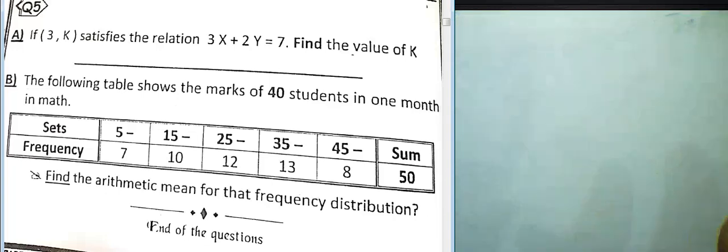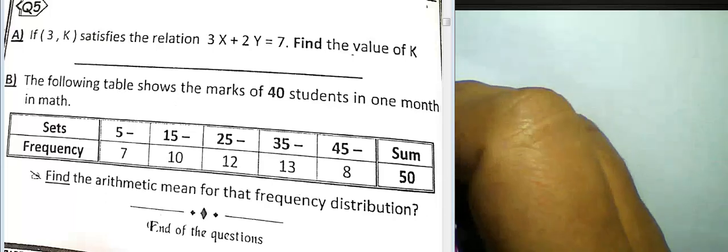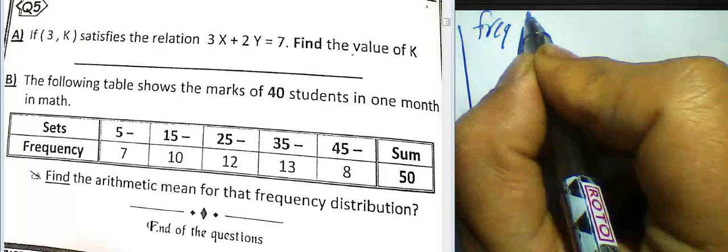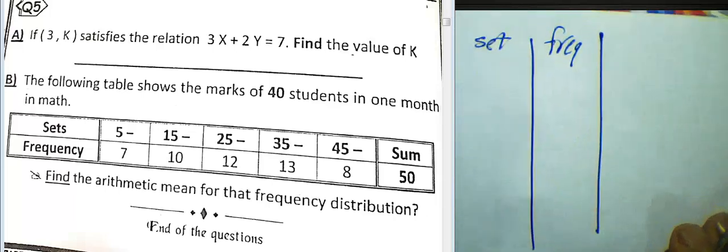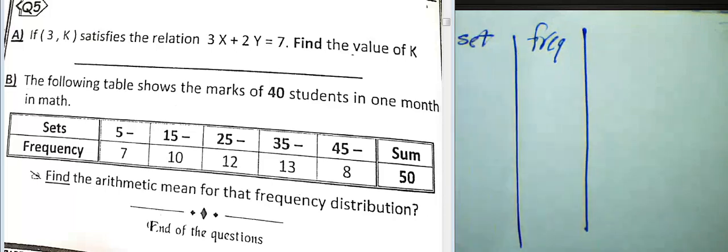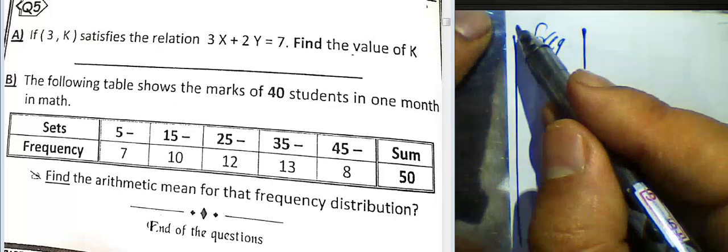Okay, we can draw a table here and divide it into 4 parts. Right here, set and the frequency. We can use the ruler here for set, frequency, and the center.